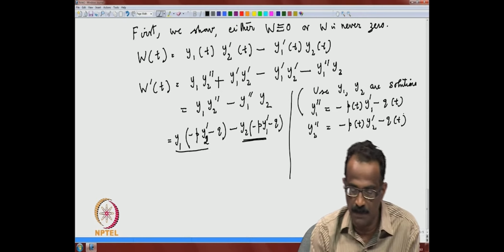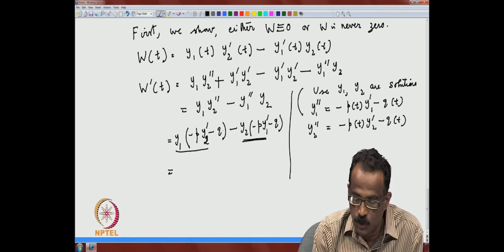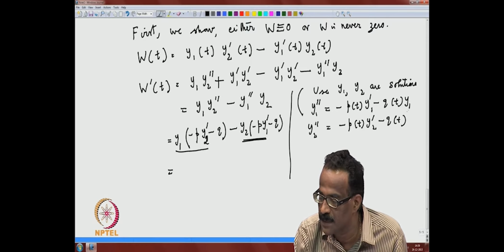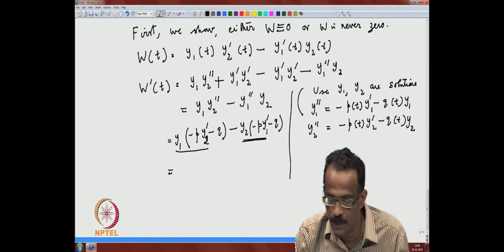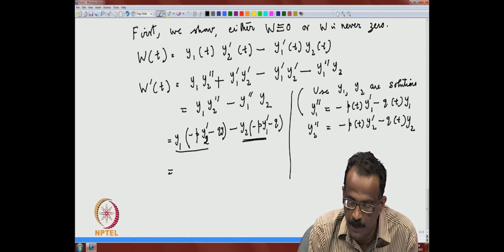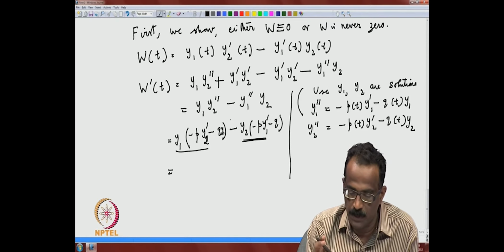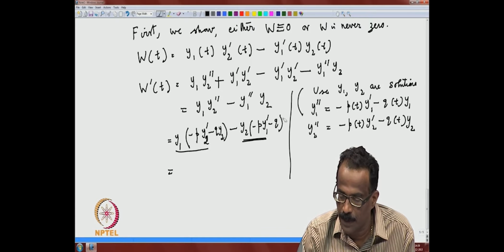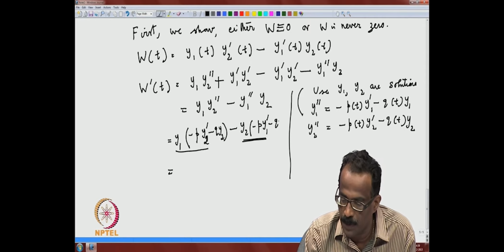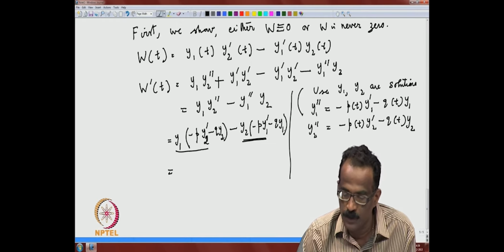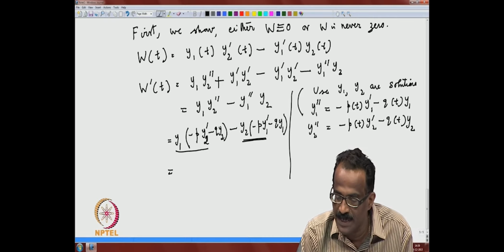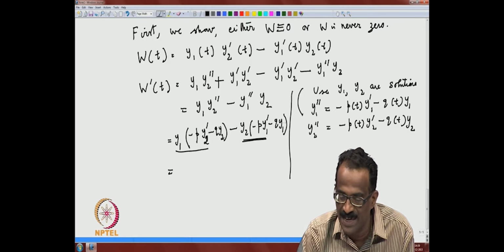There is also a q y2 here and a q y1 here, so let me write properly. The second term is minus q y1 y2, and here the second term is plus q y1 y2, so that gets cancelled.